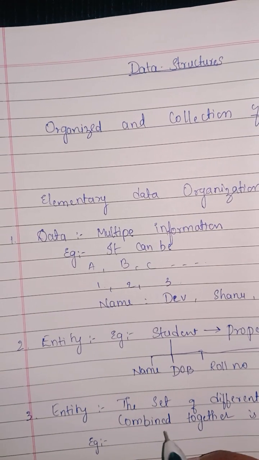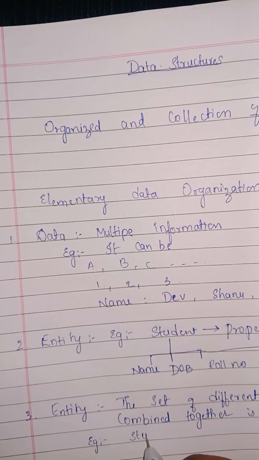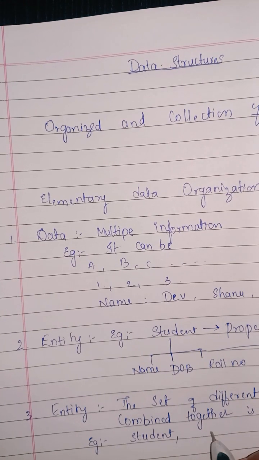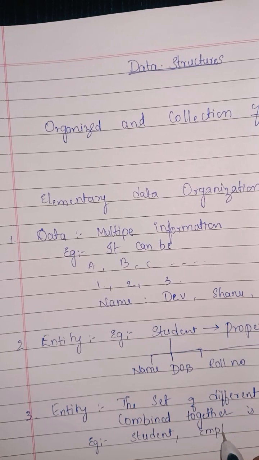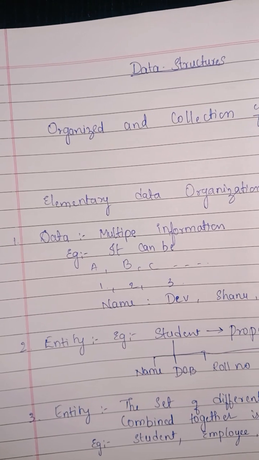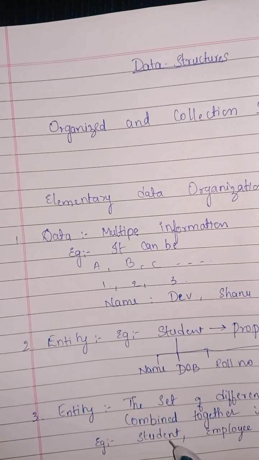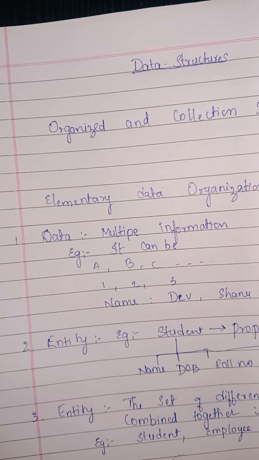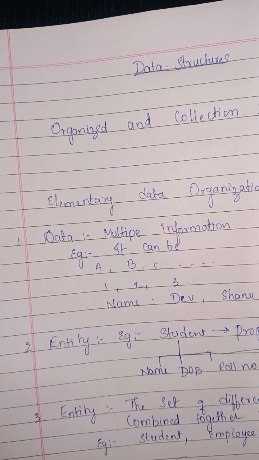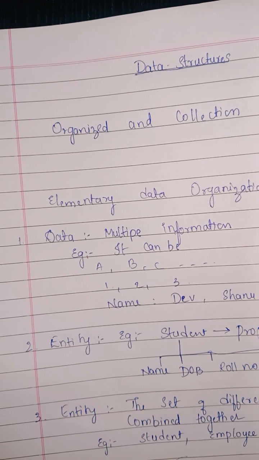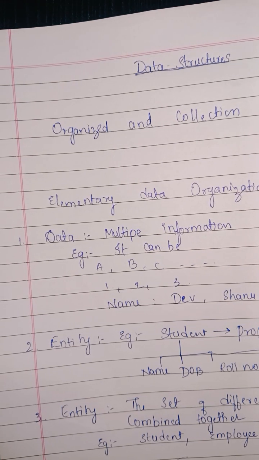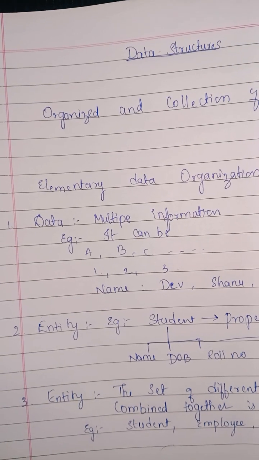Example: student, employee, etc. The student would have the properties called name, date of birth, roll number, address. Likewise, the employee will have the properties called name, age, date of birth, start date, end date of the employment, everything.